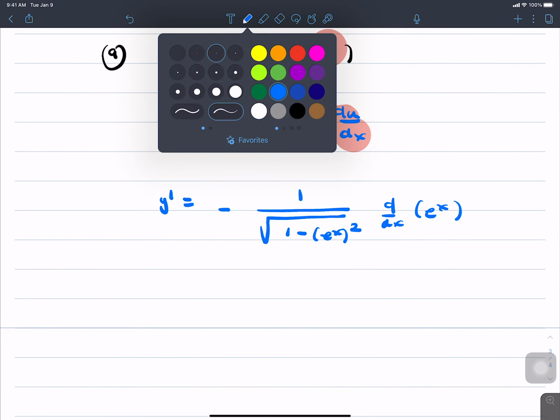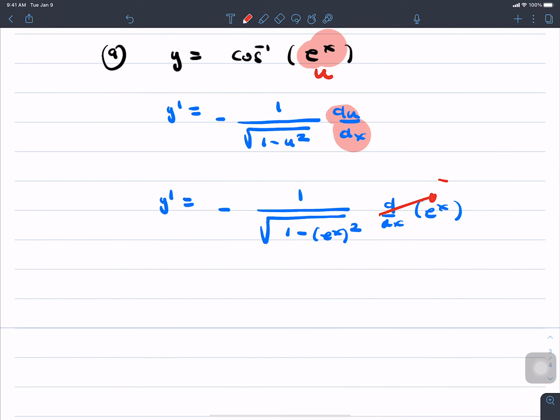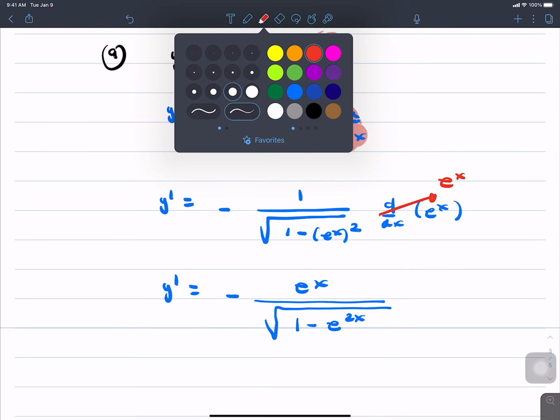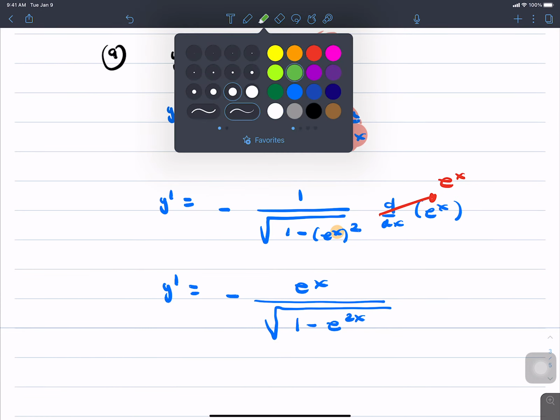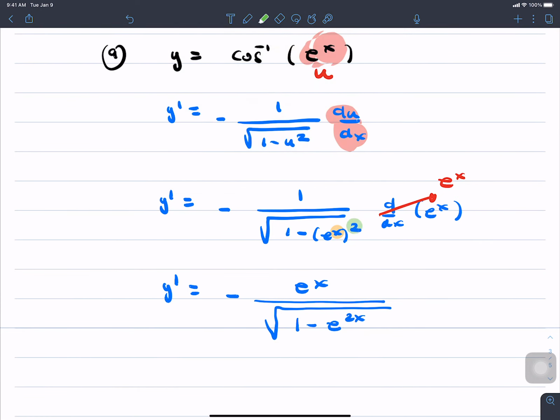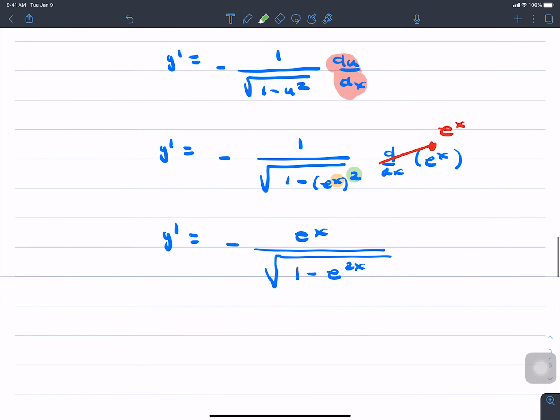So we know this derivative, that's e to the x. So our first derivative is minus e to the x over square root 1 minus e to the 2x. Because you have a base raised to a power raised to another power, you multiply the powers and you keep the base. So ladies and gentlemen, here is the derivative here.